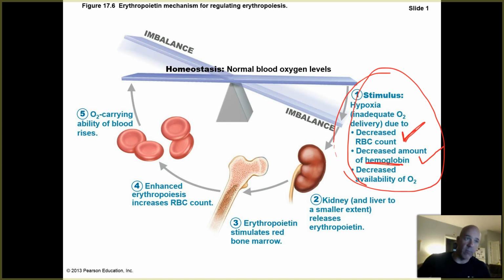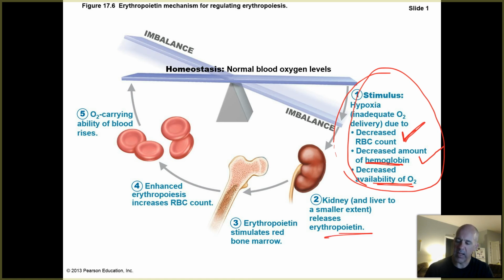So that would be another reason why you would have low O2 levels. Another cause is decreased availability of O2. For example, let's say you moved to a very high elevation, like 15,000 feet in the Andes in South America, and you're not adapted to that yet. That's another reason why you would be exposed to a decreased amount of oxygen gas. So a way to counteract any of these situations is to crank out more red blood cells.